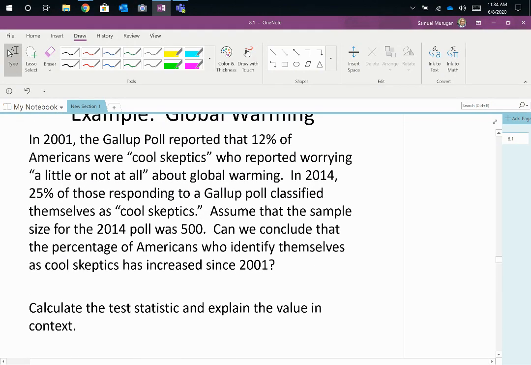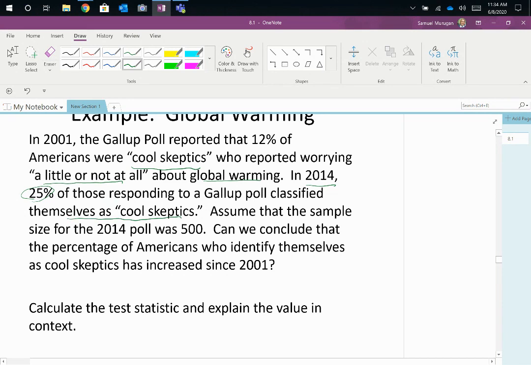In 2001, a Gallup poll reported that 12% of Americans were cool skeptics who reported worrying a little or not at all about global warming. In 2014, 25% of those responding to a Gallup poll classified themselves as cool skeptics.